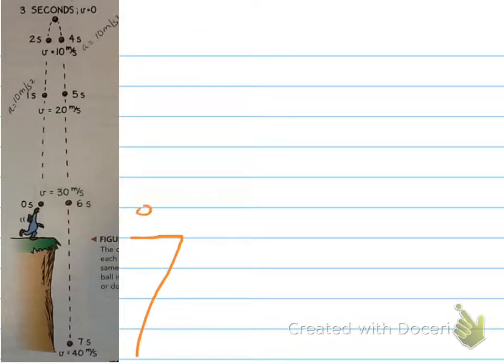Okay, so I've got my little person here. And I'm throwing a ball. So here's my ball, right? And I know that I'm going to throw it upward. Okay, so we're going to say it's right there at the start.